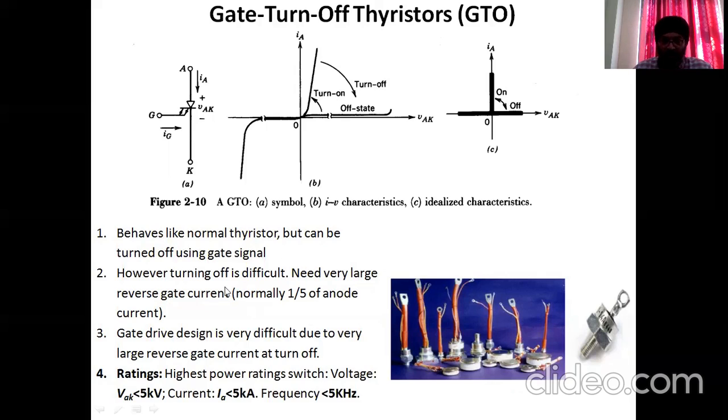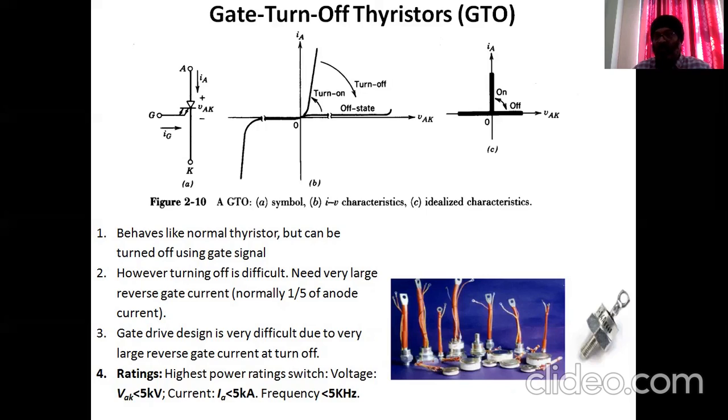The only difficulty here is that during turning off, a large reverse gate current is required. If we are using it for a very high voltage or current rating, let's say 1000 to 2000 amperes or even 5000 amperes of current, it needs about 20% of the anode current to turn off the device.